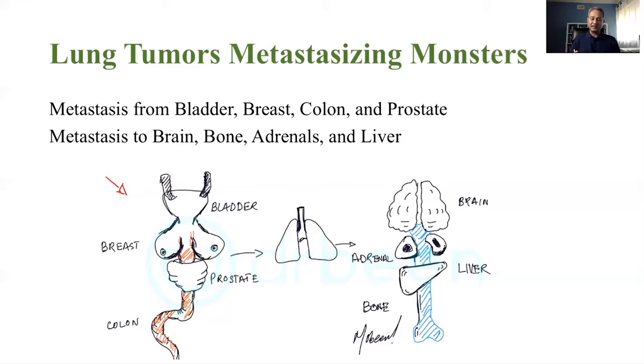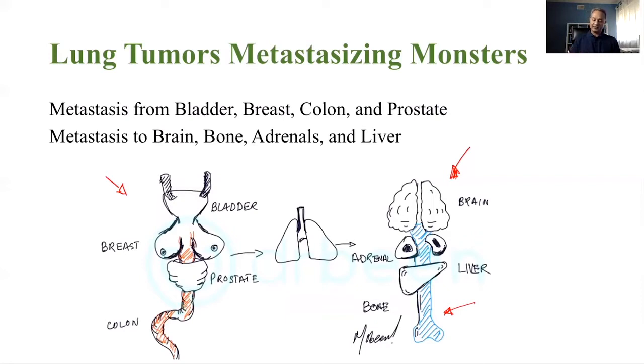Now on the right side, if you see here, this one is a cute monster that has brain for its head, which is better than having a bladder for its head. The leg and the body are made up of bone, and that is why it is common for patients who have lung metastasis to the bone to have bone aches and fractures.